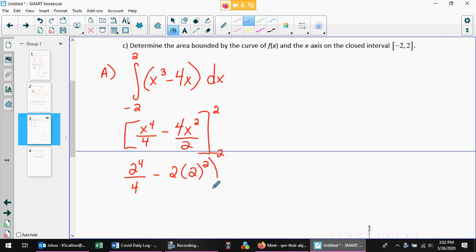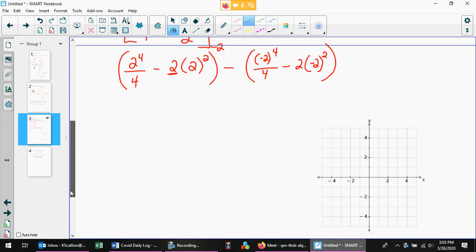Are you guys okay that I just changed that to a 2? Yes, of course you are. You're very smart people. So that's going to give me negative 4 minus a negative 4, which will have an area of 0. Well, that's sad.